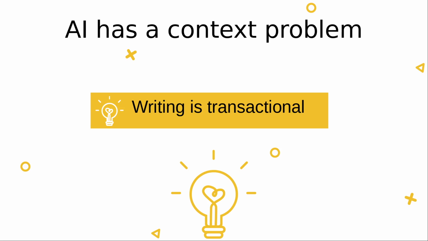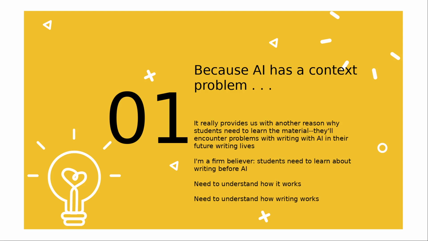And so it can't pick up on contextual cues that might be important when somebody's writing to an audience, or like my example, if we're trying to describe my kitchen. So that's an important point to make as we move forward.